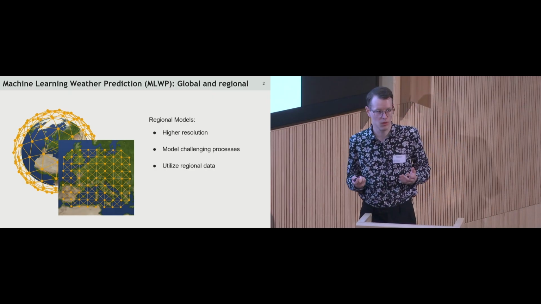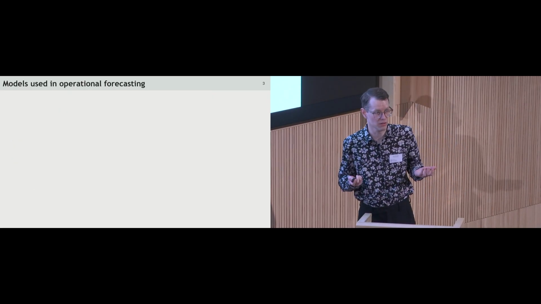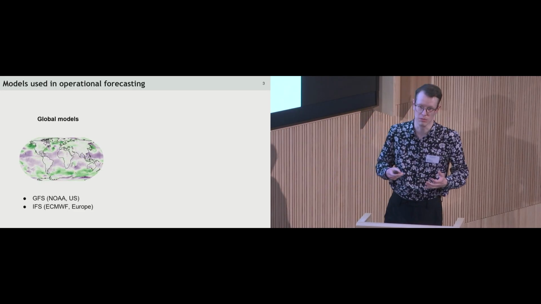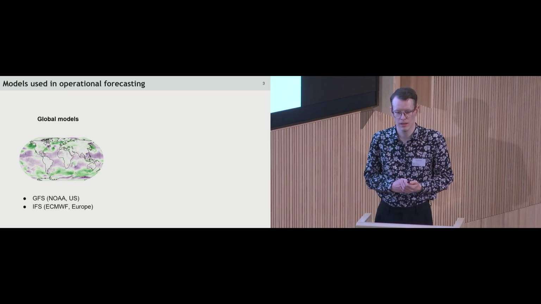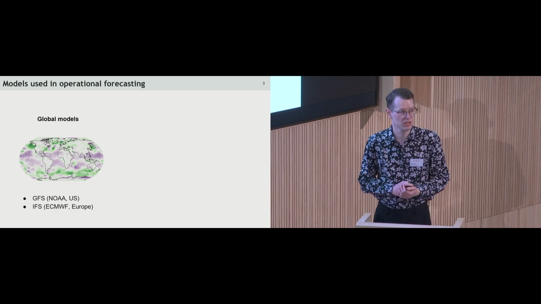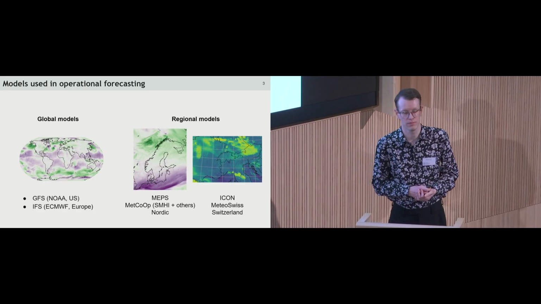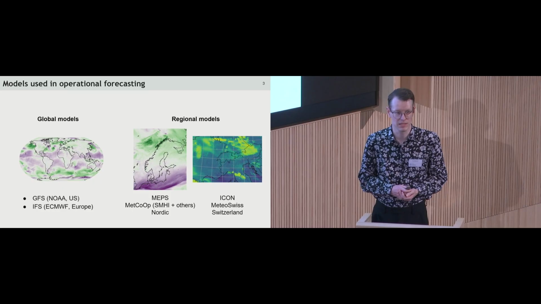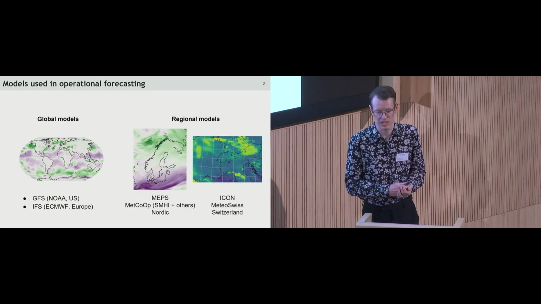And when we think of how operational weather forecasting is done today with numerical models, that is, of course, done using global models. So the most well-known ones are probably the IFS and GFS models. But largely, operational forecasting also relies on such high-resolution regional models. So as some examples, here in the Nordic region, we have this MEPS model that's being run by the MetCoOp group, including the Swedish Met Service, SMHI.